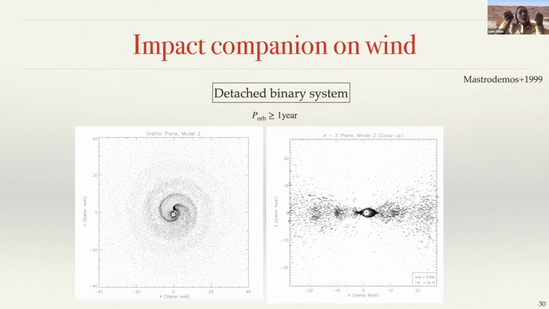If these stars are much closer to each other, the interaction will be much more pronounced, and you can have the formation of what I've told you already, a quite dense equatorial density enhancement here in the plane. You can see it here. The companion is at this place.